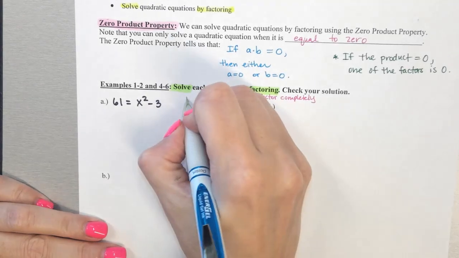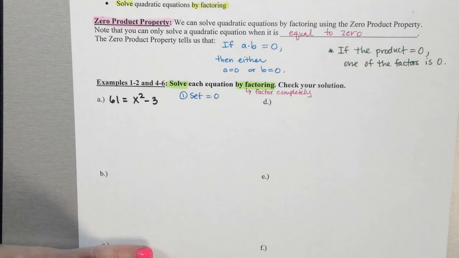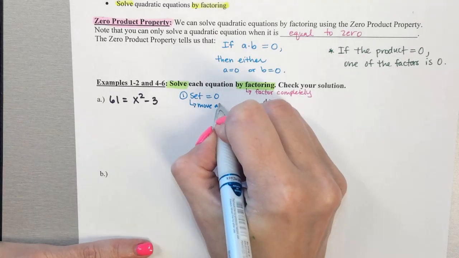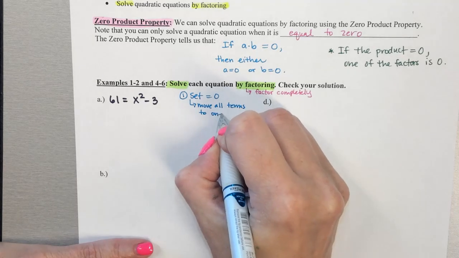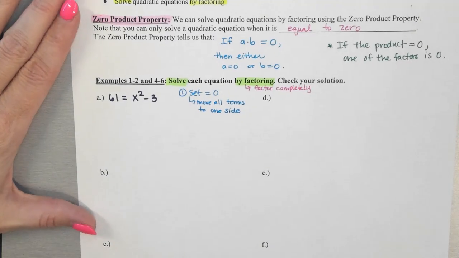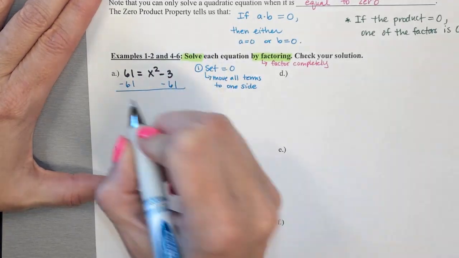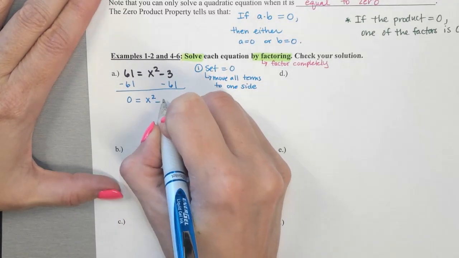The first thing we have to do is set the equation equal to 0. To do that, we move all terms to one side. Again, we're doing this because it says we have to solve by factoring. So I recommend subtracting 61 to get 0 on the left.